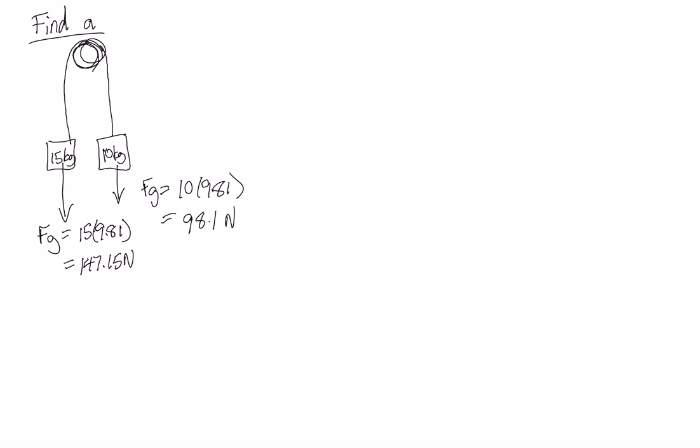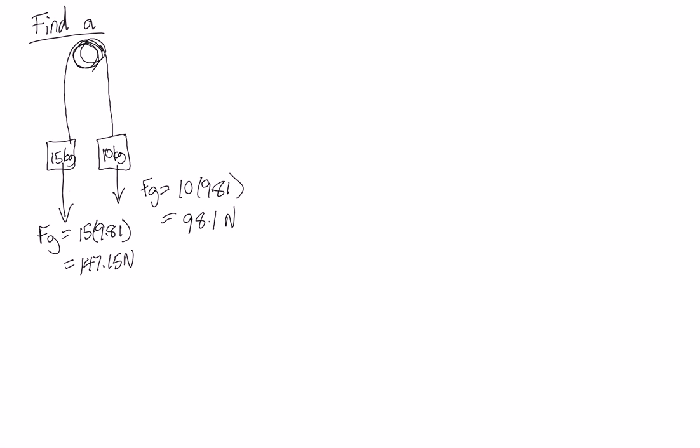So we got force of gravity acting on this one, and that'll be 15 times 9.81, which is 147.15. And then we're also going to have the force of gravity acting on this one, which will be 10 times 9.81, which will be 98.1 newtons. Okay, so we have our two forces going down, and that's it.